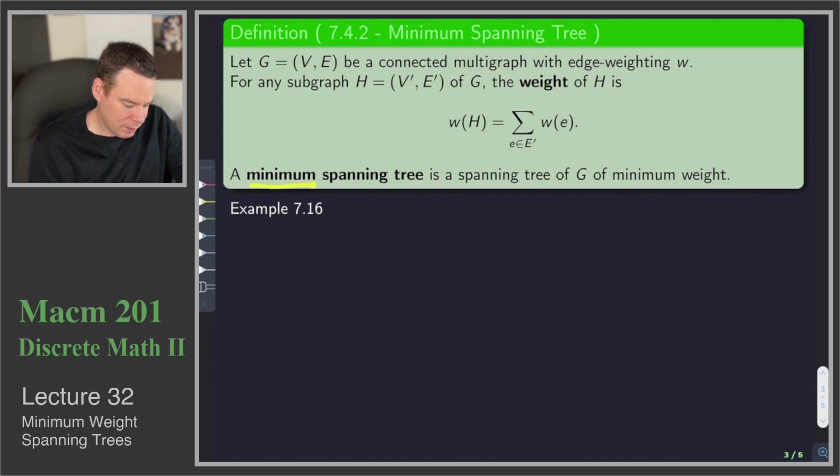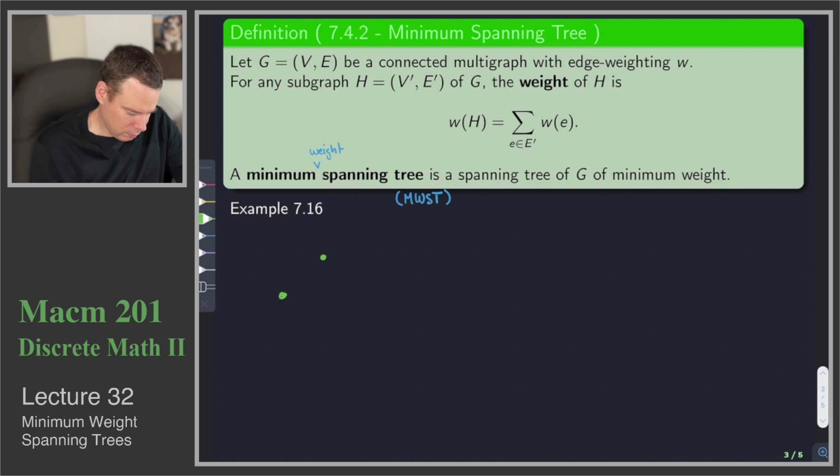The minimum weight spanning tree, abbreviated MWST, is a spanning tree that has minimum weight. So the spanning tree that has the smallest weight of all the spanning trees, that's the minimum weight spanning tree.